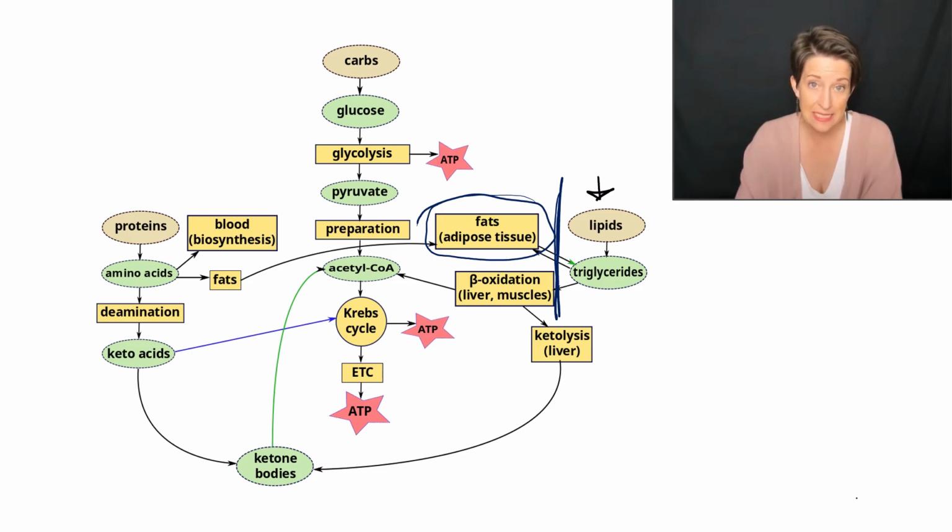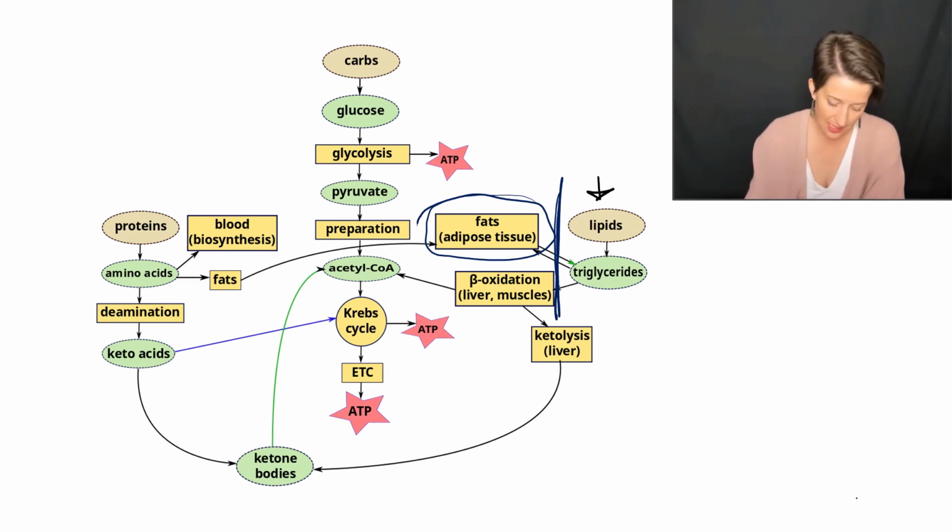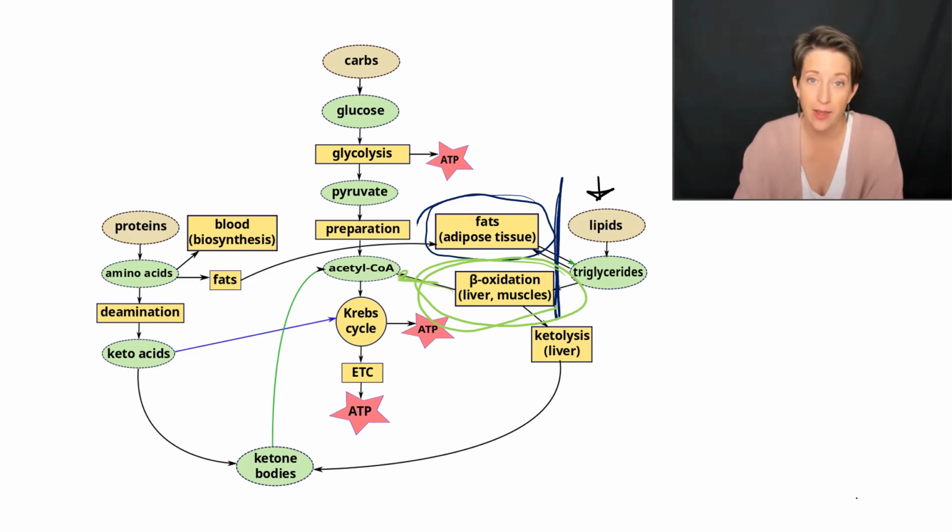When we get signaled that we are low on carbohydrates, so we need to oxidize or break down our lipids, we can then move into beta oxidation. Beta oxidation will feed us more acetyl-CoA. Because these compounds are bigger, it's easier to overwhelm the acetyl-CoA in the citric acid cycle.